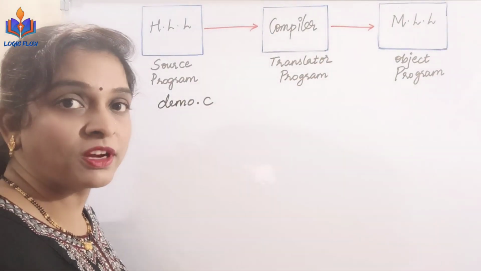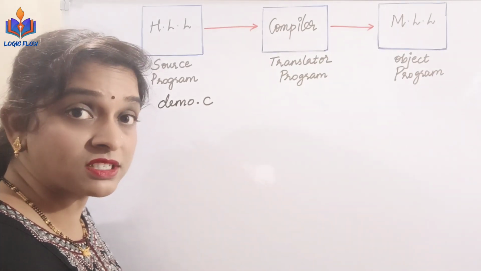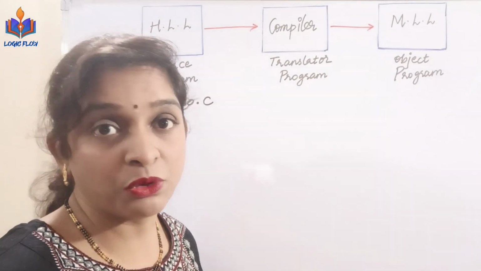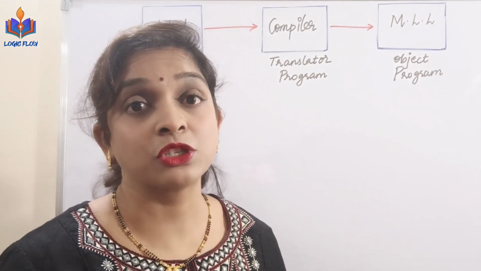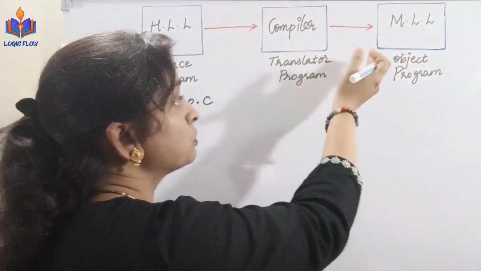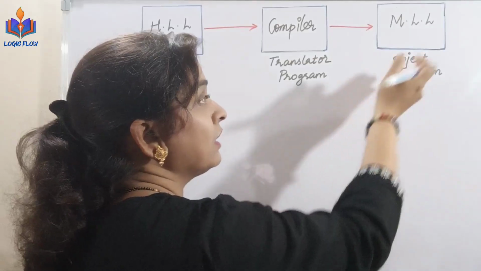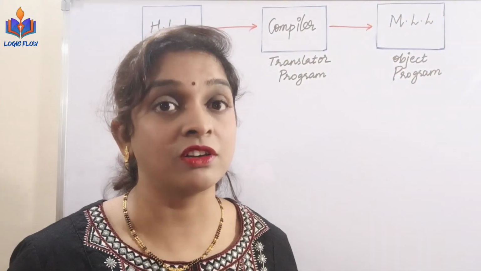It takes the whole program and checks for errors. If there are any errors, it is going to list out those errors, and we the users have to solve those errors. Once your program becomes free from errors, it is going to translate it. So the translator program does the translation and I get the object code. That is what we have learned here.